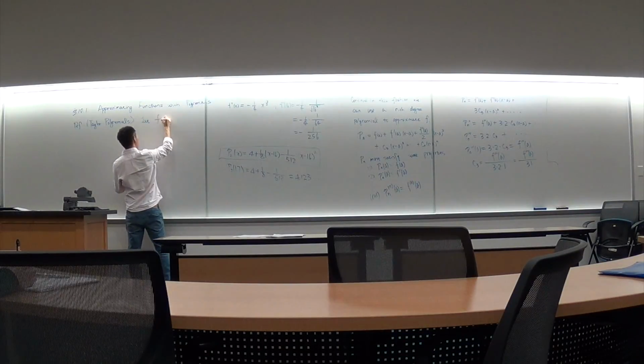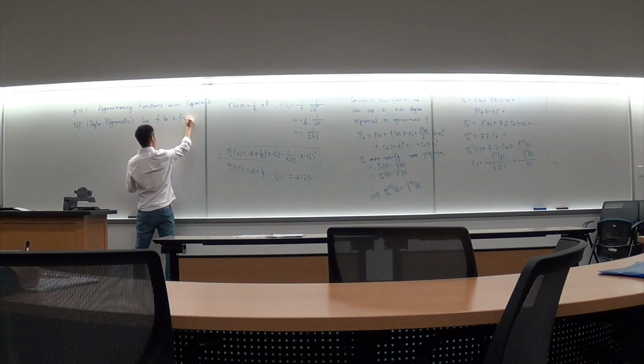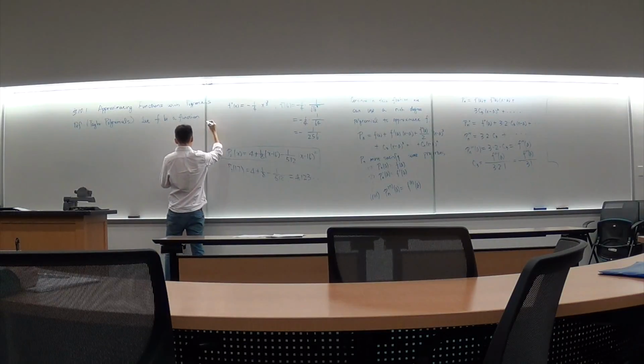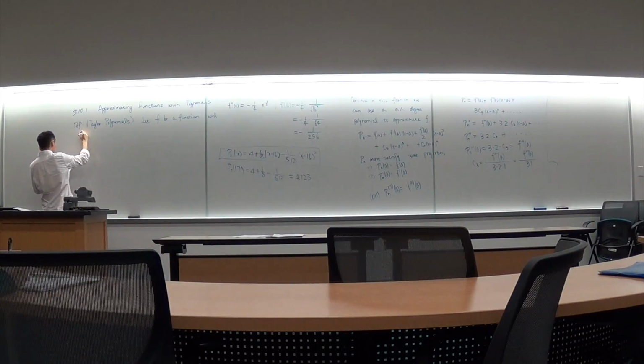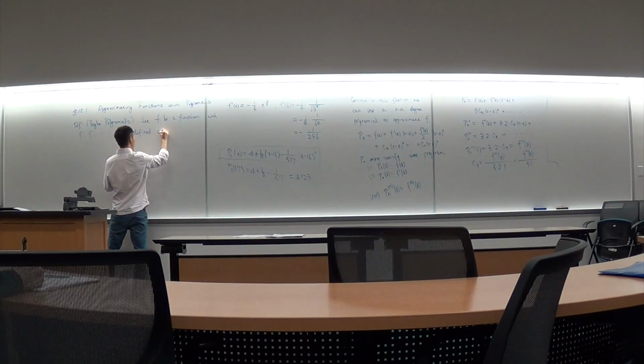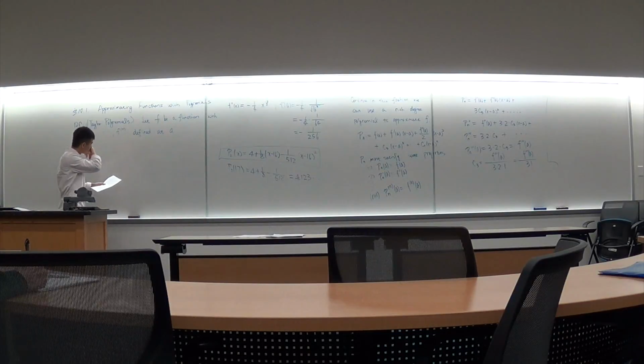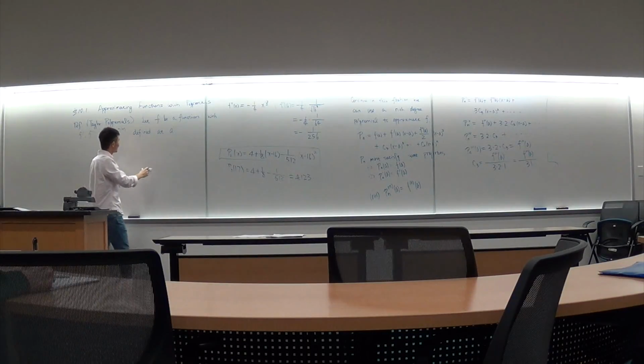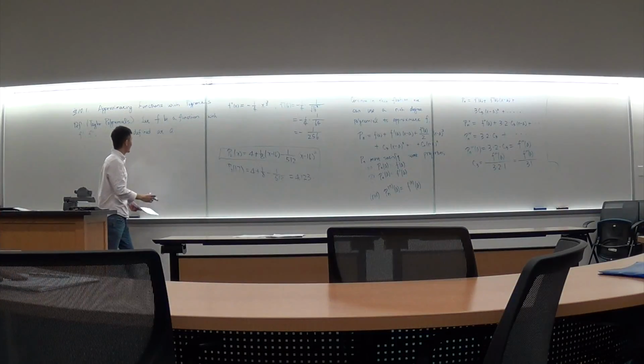So let f be a function with f prime, f double prime, all the way to the nth derivative of f defined at some point A. So f is a random function, right? And the f prime all the way to the nth derivative of f exists at the point A.